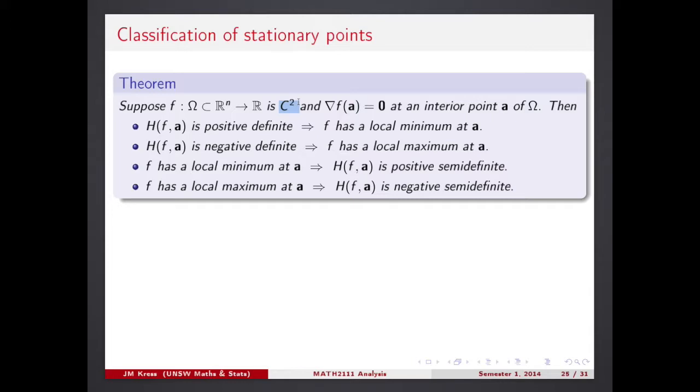C is for continuous. So C1 is a function which is only once continuously differentiable. C2 is a function which is twice continuously differentiable. I'm sorry, I overlooked this symbol. That's what this symbol means.